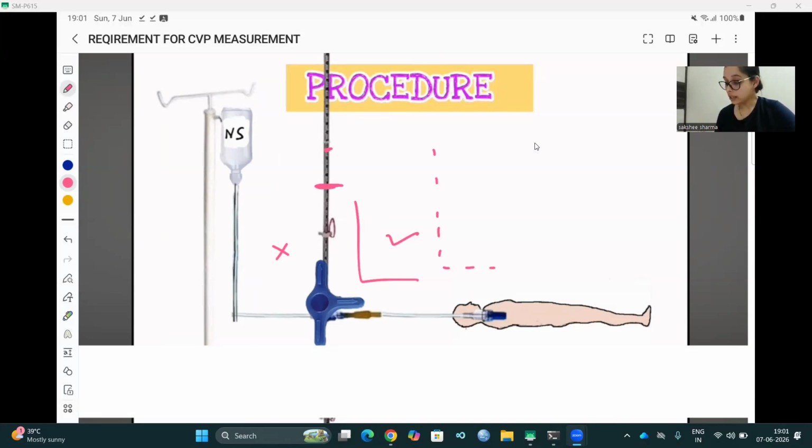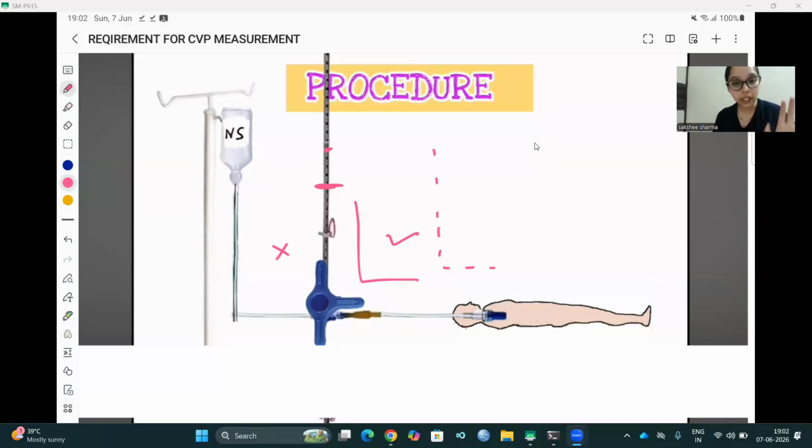Okay. Now, since the patient is alive, the patient will be breathing. And when the patient is breathing, the NS level is going to fluctuate. Now the question arises, when do we have to measure the CVP exactly?